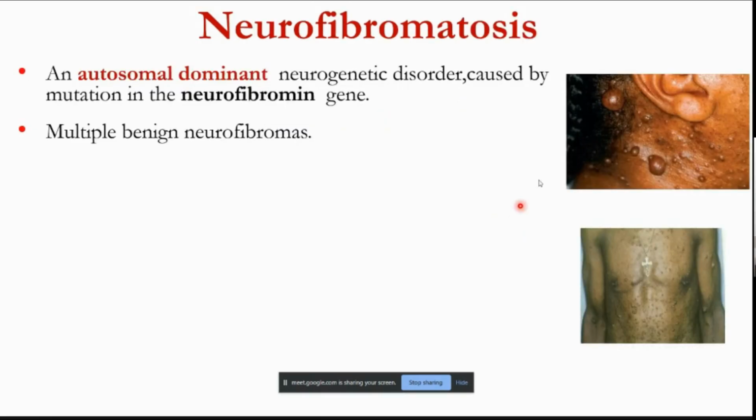So when I talked about neurofibromatosis, this is what I was talking about. So you can see this is a nodule. So this kind of appearance is a nodule.